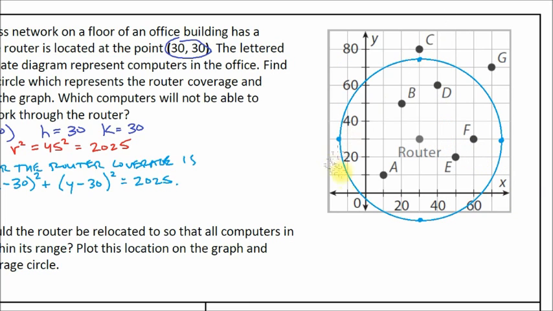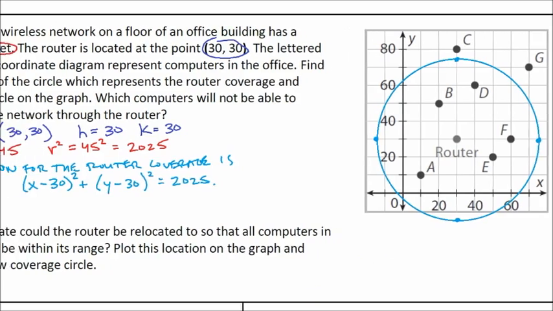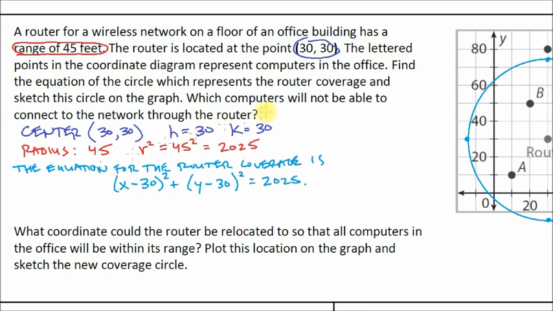We can clearly see that the two computers that aren't within the range of that router are C and G. So for the second part of our question, computers C and G will not connect because they are out of range.